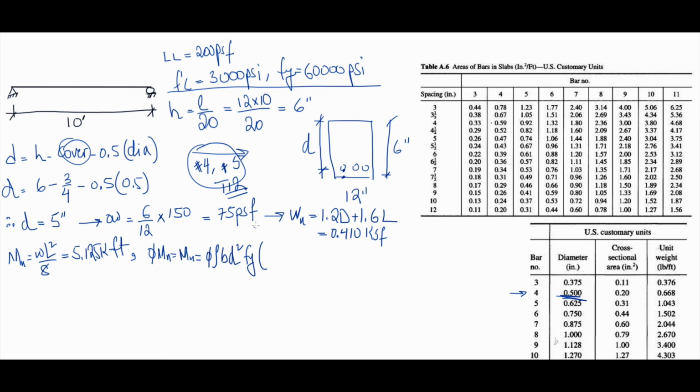And this will be multiplied by 1 minus rho Fy divided by 1.7 fc prime.